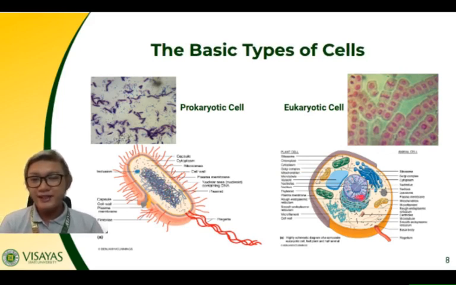Aside from the presence of a distinct nucleus, in eukaryotic cells, other organelles or most of the cellular structures are also membrane bound. Like this one here, this also here. So they have membranes, so they are also distinct from the rest of the cellular material.